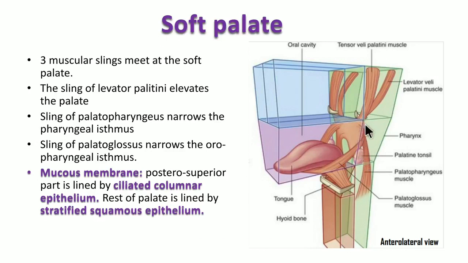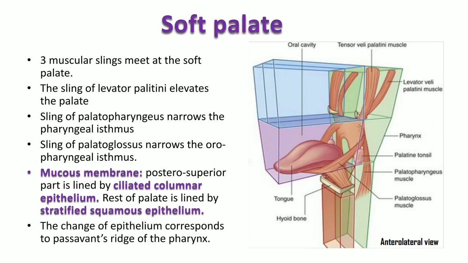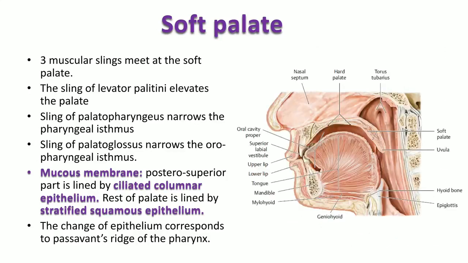Only the upper part of the posterior surface is lined by ciliated columnar epithelium. The place where the ciliated columnar epithelium transitions into the stratified squamous epithelium is where the soft palate touches the Passavant's ridge. So the change in epithelium corresponds to the Passavant's ridge of the pharynx. It is this place where it touches.